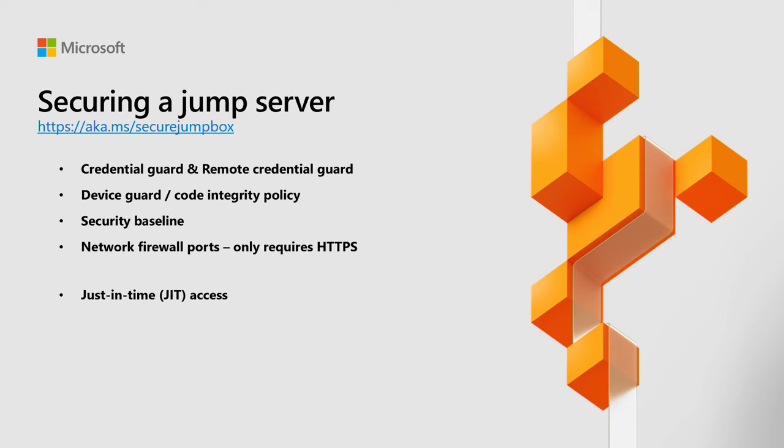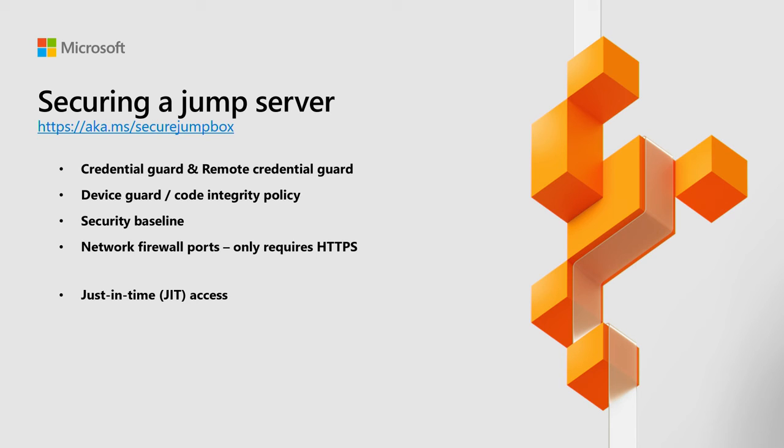A few things you might want to consider when securing your jump box that aren't in this article is just-in-time access. There are so many different ways to implement just-in-time access, whether it's on your firewall or otherwise. There's an infinite number of ways of implementing this, but it's very valuable. This is like when you have an Azure VM and you want to RDP into it, they always suggest only opening it up when you want to RDP in.